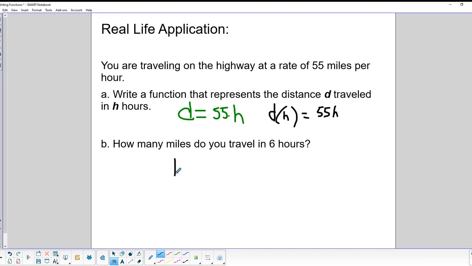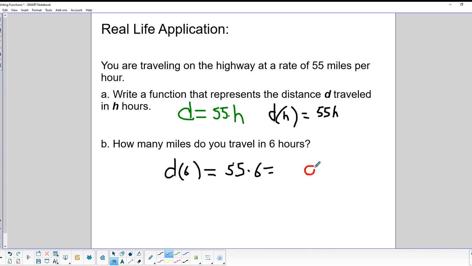How many miles do you drive in 6 hours then? Well, in that case, the distance after you drive for 6 hours would just be equal to 55 times 6. 6 times 5 is 25, so 5 carry the 2. We got to go back and correct our mistake here. 6 times 5 is 30, not 25.